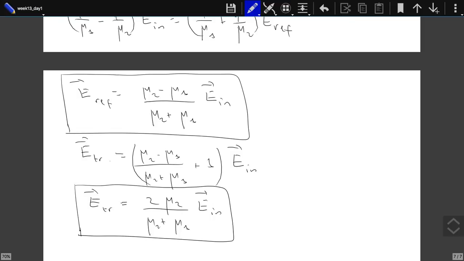So you see, the transmitted wave is always in the same direction as the incident wave. Well, the reflected wave, it depends. It can be in the same direction or it can be in the opposite direction. So here I always have these zeros. These are the amplitudes.